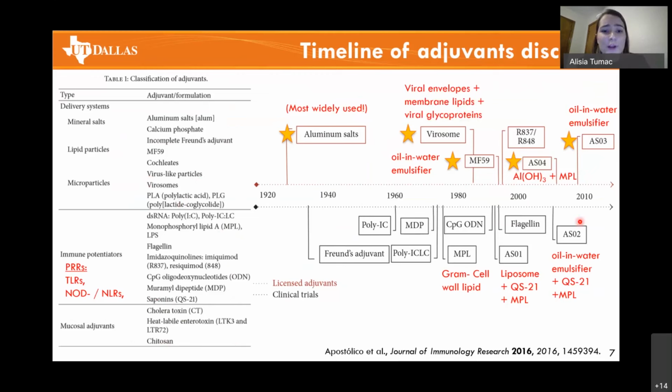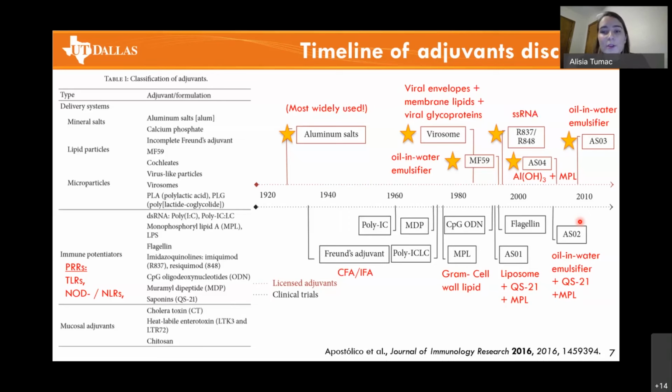They are essentially viral glycoproteins combined with membrane lipids into viral envelopes. And then you can also have another oil and water emulsifier, which is the Freund's adjuvant. You probably have heard about it. It's quite common, but it is mainly used in the incomplete form, which does not contain the killed Mycobacterium strain.